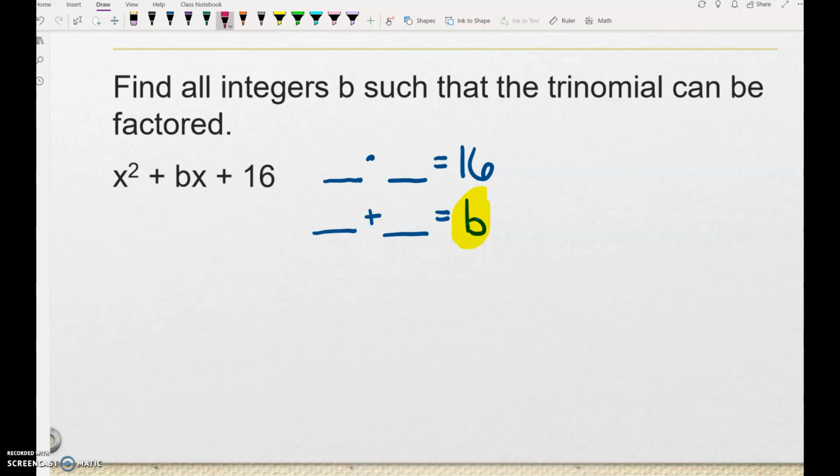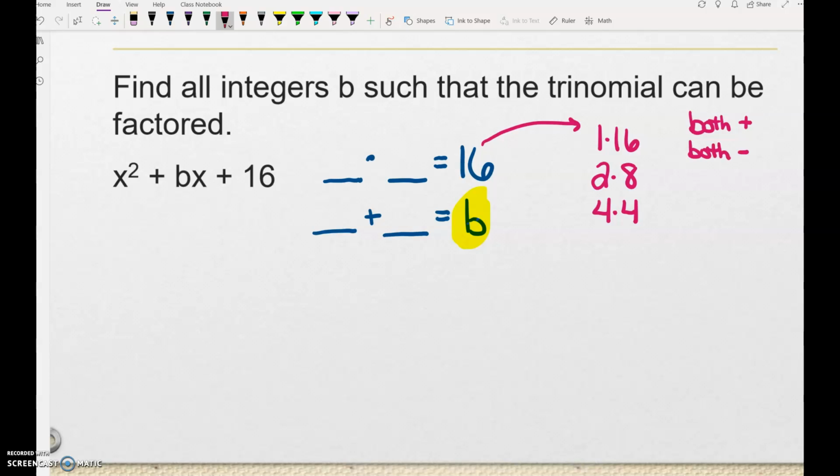So first, let's think about 16. How can we multiply to get 16? 1 times 16, 2 times 8, 4 times 4. Now we need to think about what type of number 16 is. It's positive, so when we use these numbers, they either both have to be positive or they both have to be negative.